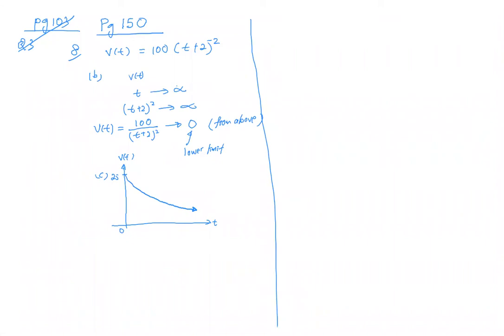Okay, so they say then find the integral from 0 to 2 of V(t) dt. Now if I want to show it in the graph, I will have to shade this area. Am I right? So that is part D. So I want to find the integral from 0 to 2 of V(t) dt.